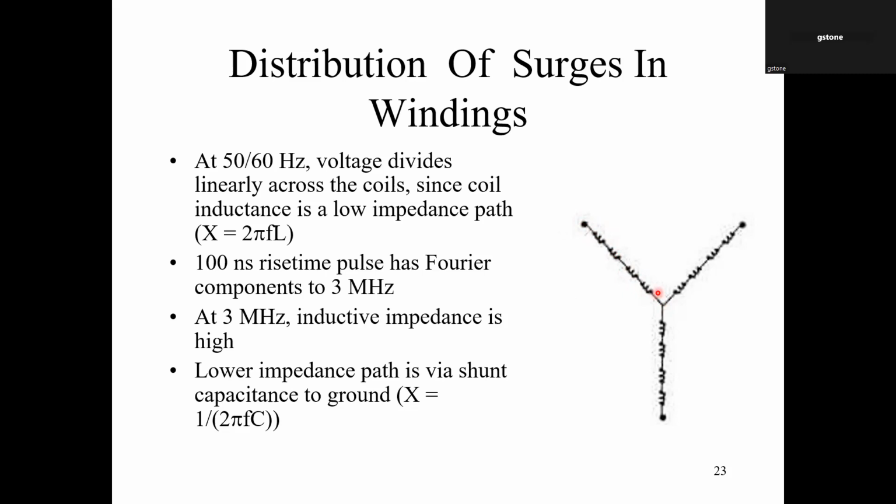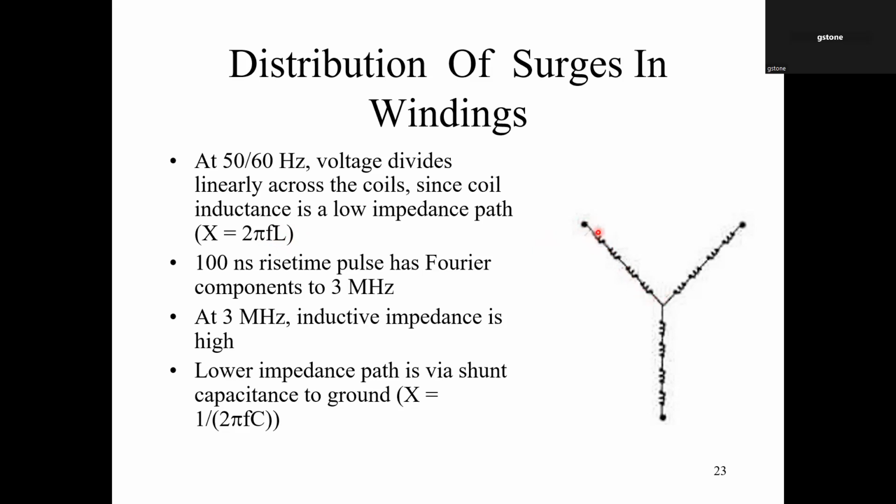Each coil has the same inductive impedance, which is given by 2 pi f, the AC frequency, 50 hertz or 60 hertz, times the inductance of that coil, whatever number of millihenries it might be. And of course, when the manufacturer makes the motor, they make sure there's the same number of turns in the coils, and they each have the same inductance, which means there's the same inductive impedance.